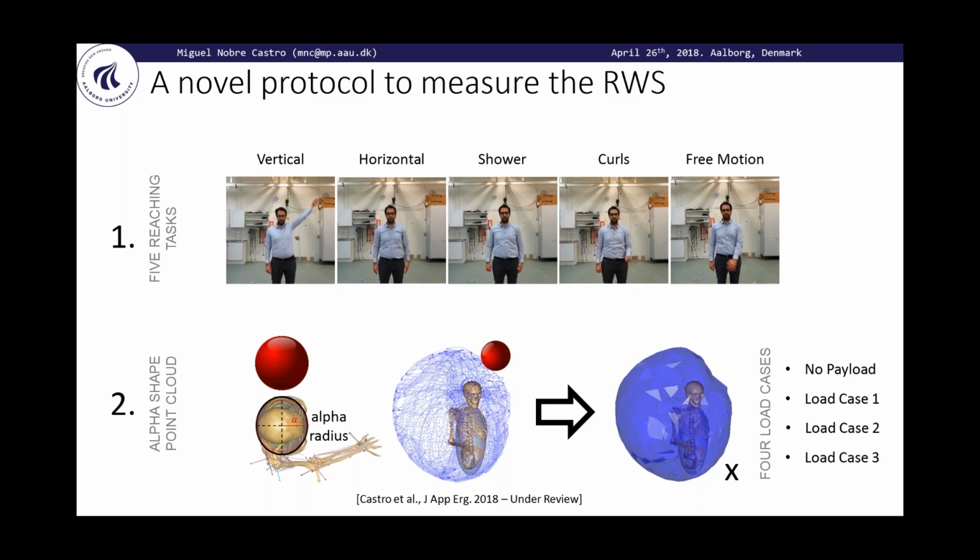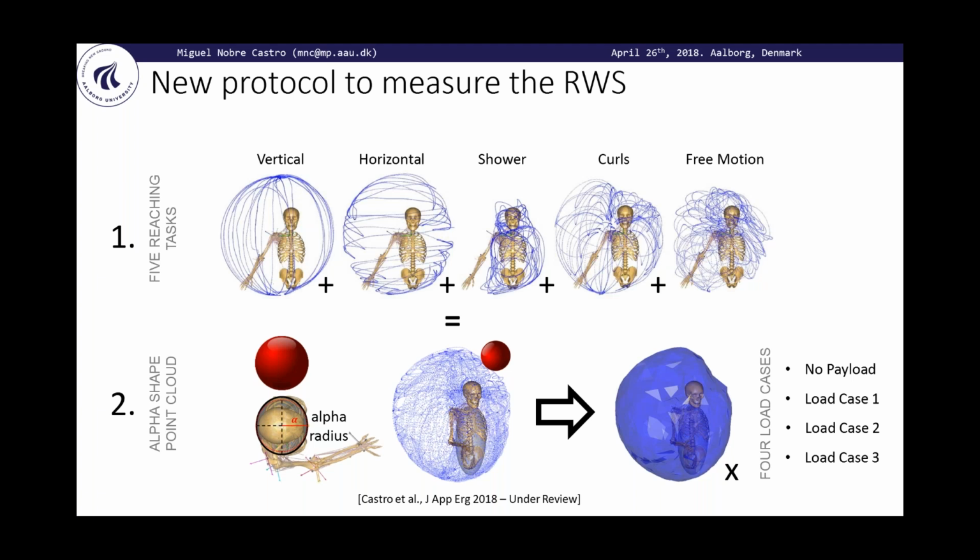After you collect all these 5 motions, you use the track of a point in your hand, as I explained before, and gather all those points in the 3D space around the human torso, with the center at the shoulder joint. Afterwards, you resort to the alpha shapes algorithm to get the non-convex shape of that cloud, that volume.